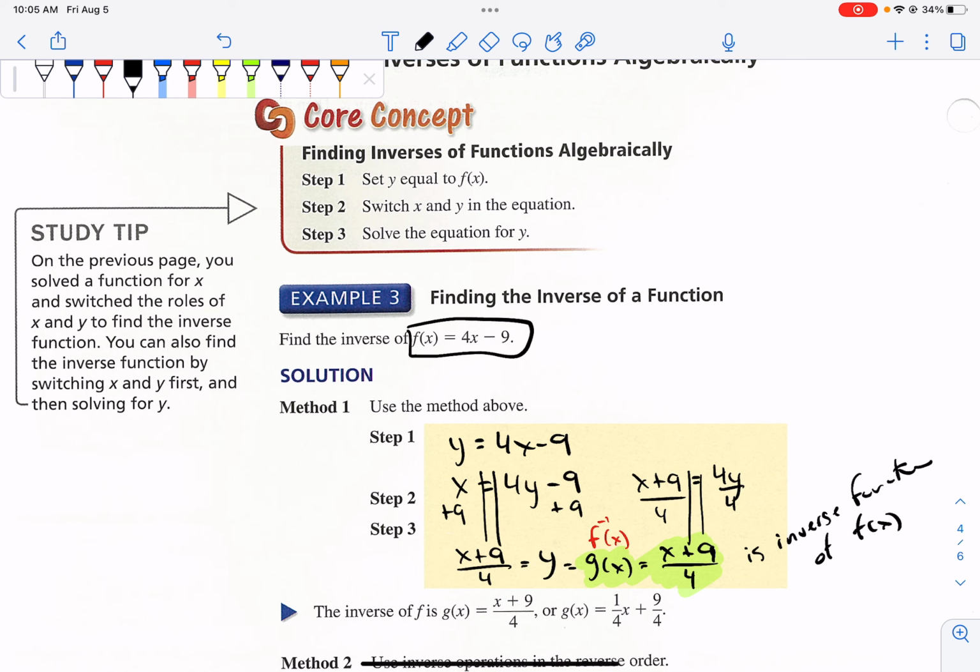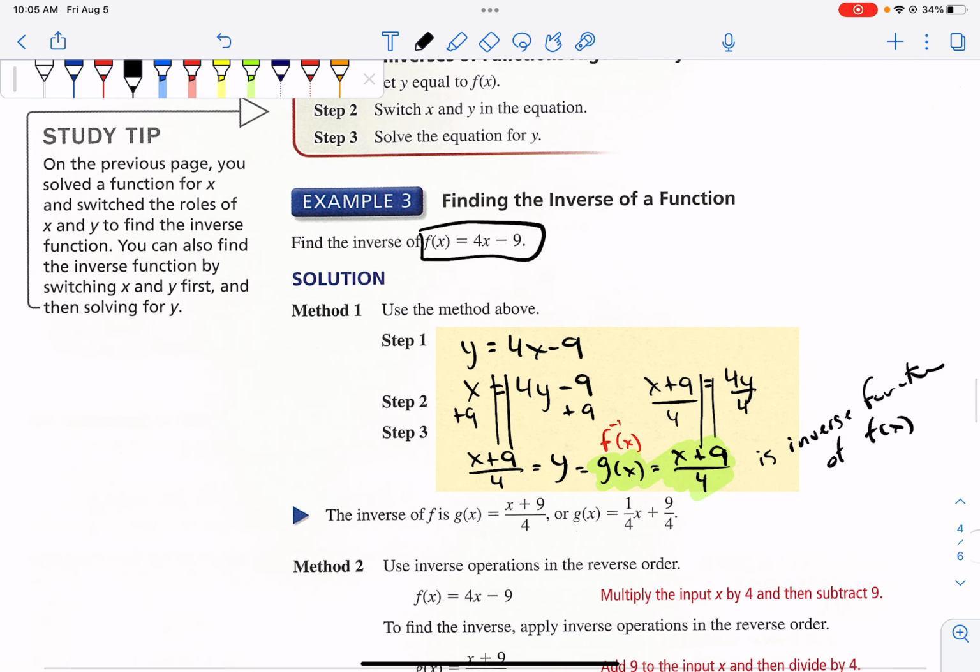But I don't know that unless you tell me that in a sentence. Unless you say, hey, g of x is the inverse of f of x. Okay, I didn't know that unless you told me that. But if I wrote it this way, if I wrote f negative 1 of x equals x plus 9 over 4, this symbol right here means the inverse of f.